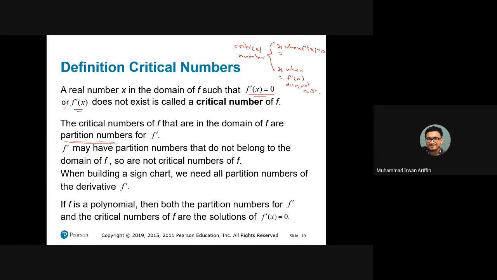The same x would be the solution for f prime of x equals 0, because for a derivative to change from positive to negative, it has to cross over the value of 0, isn't it?